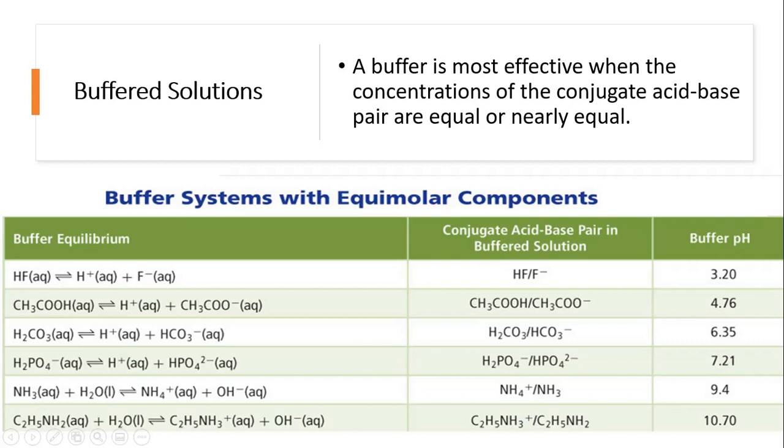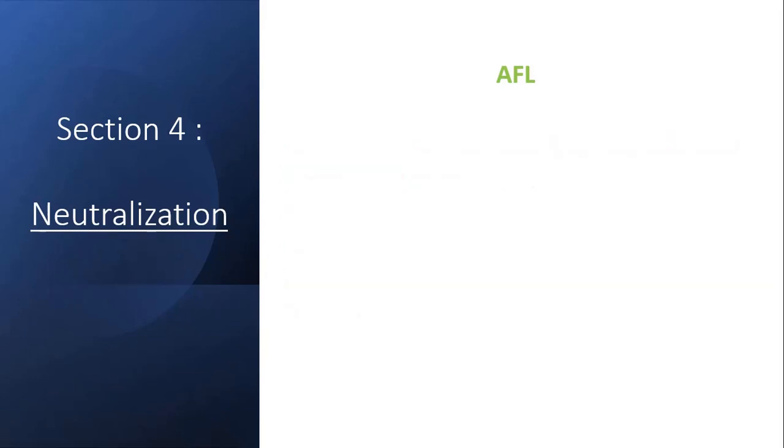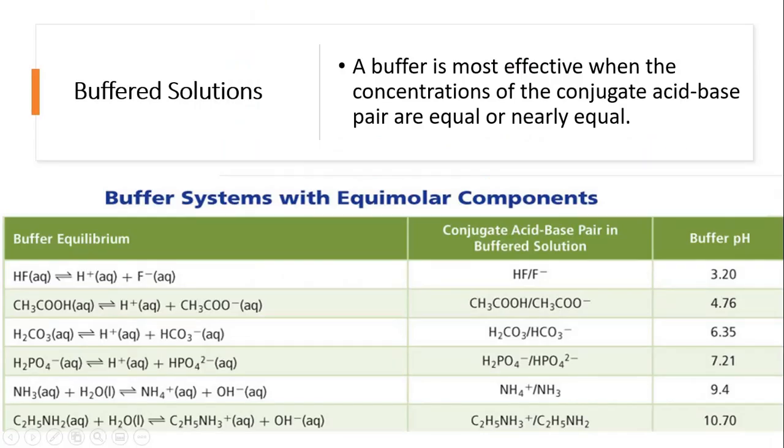What are buffer solutions? Buffer solutions are most effective when the concentrations of the conjugate acid-base pair are equal or nearly equal. So we see here some buffer equilibrium equations, and then that's it. So we said buffer pH are different depending on the conjugate acid and base.